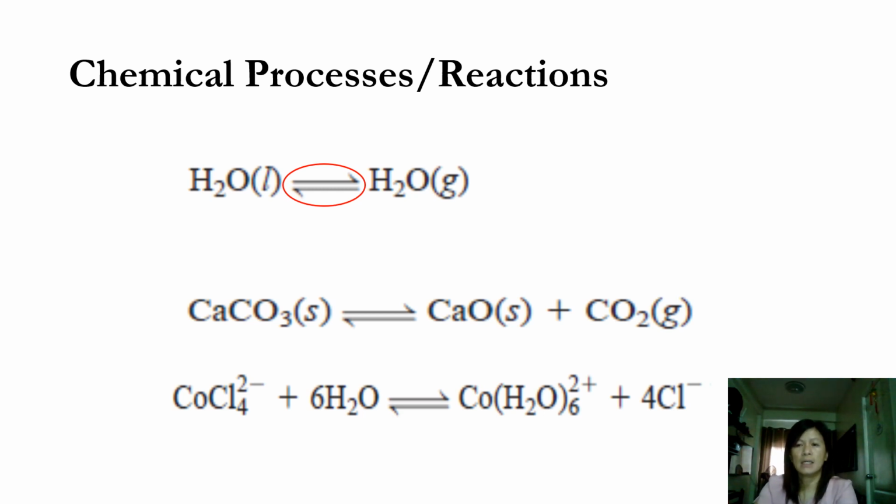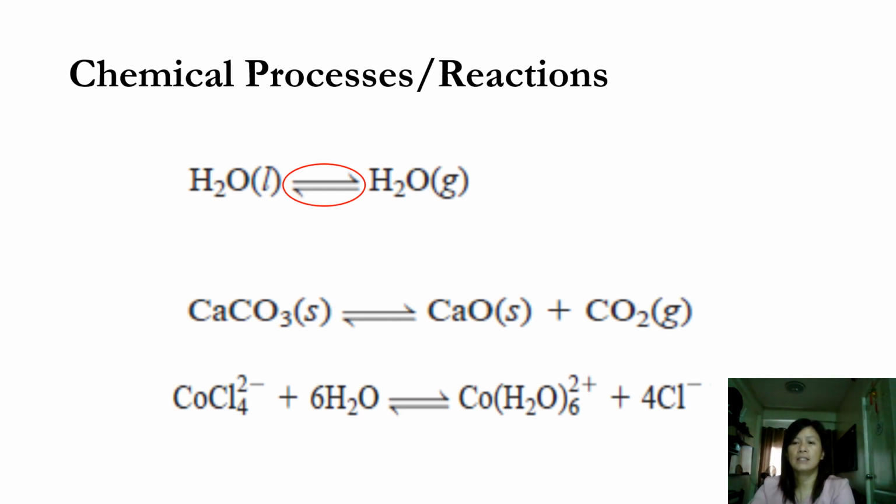As you can see, the symbol has two arrows, one towards the right and one towards the left. As we know, when water turns to gas, it can turn again to liquid water by the reverse process of evaporation, which is known as condensation. So initially, water will evaporate and turn to gas.